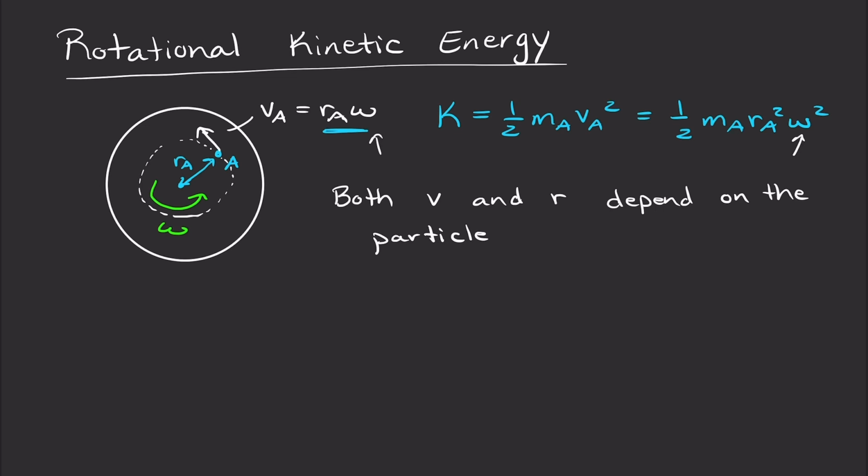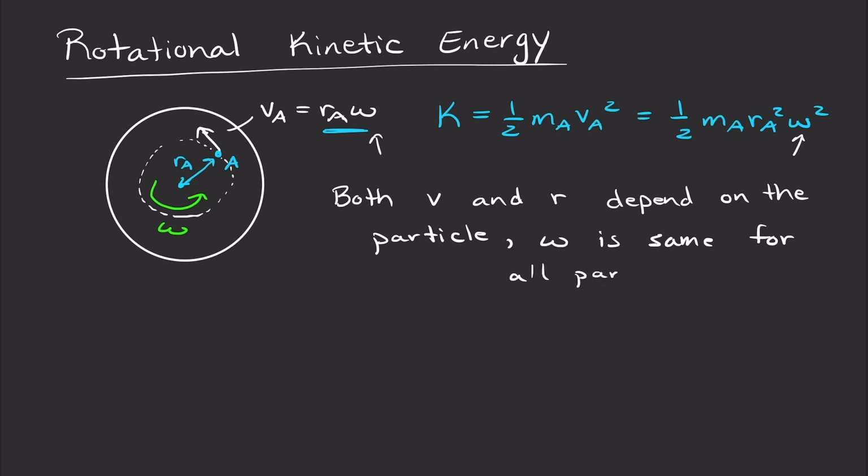That means it has to go faster in order to go that longer distance in the same amount of time. So V and R are going to depend on where you are. The outside of the circle is moving faster, has a faster linear velocity than a particle closer to the center. It also has a larger radius. But omega is the same for all particles.